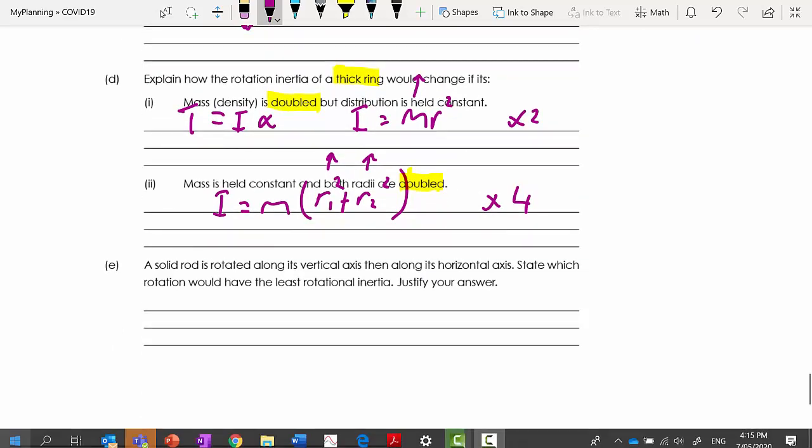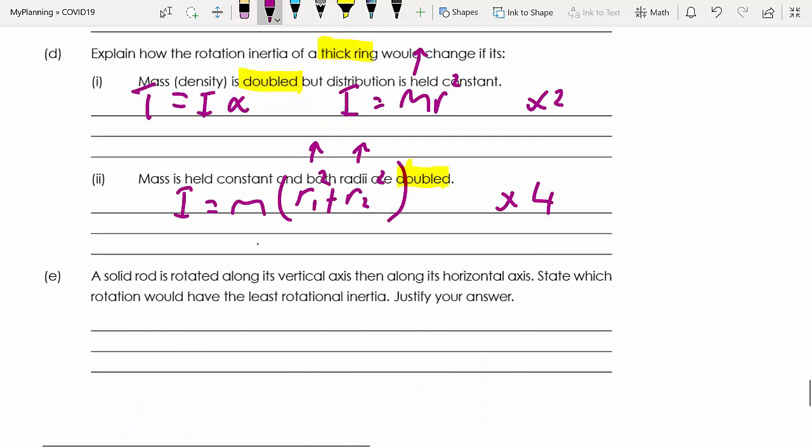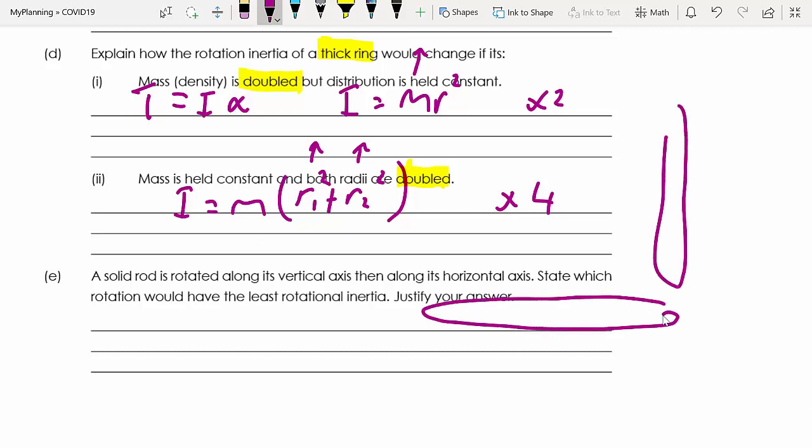Okay, last question. E, a solid rod is rotated along its vertical axis and then along its horizontal axis. So you can think of a rod that way. This is the same rod that way, and I'm assuming it's going to go around that way, and then it's going to go around that way.